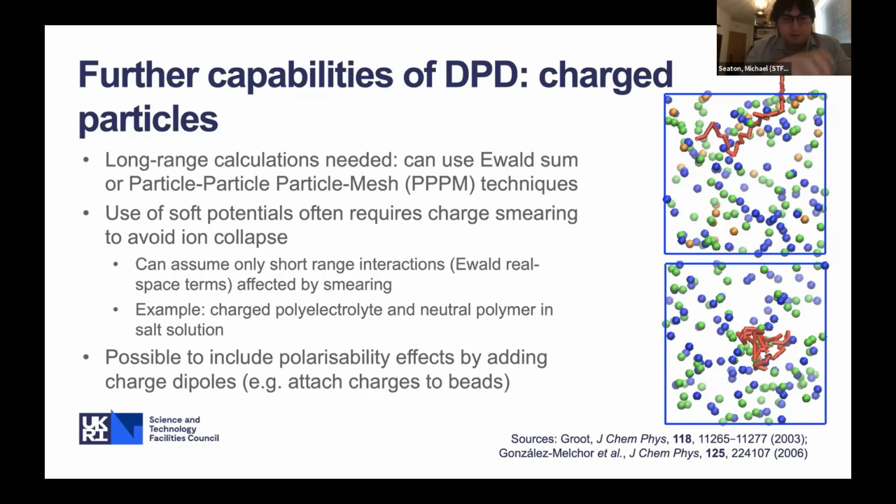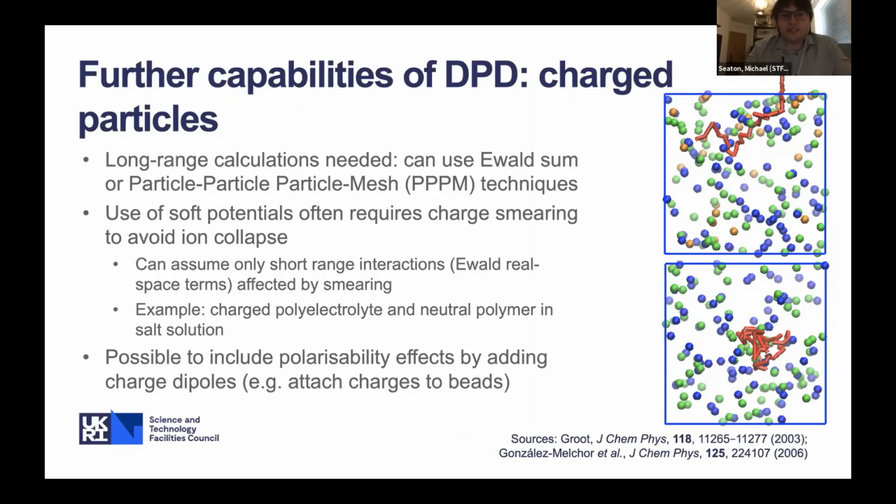One practical aspect of this is that if we're using something like Ewald summation to calculate our electrostatic interactions, we can assume that this smearing only affects the real space part, the short range part. And the example I've got here is of a hydrophobic polymer.